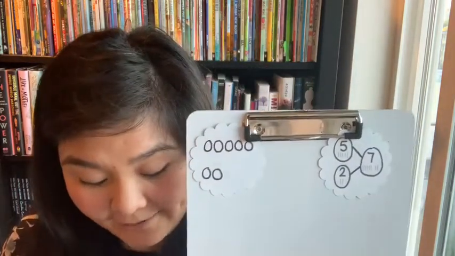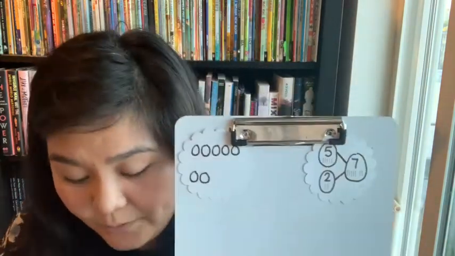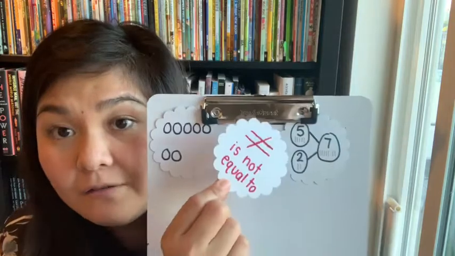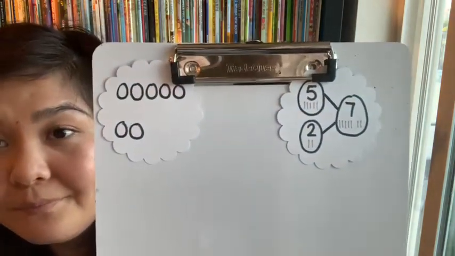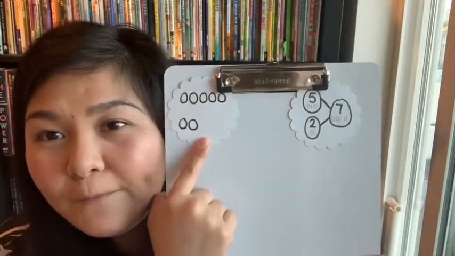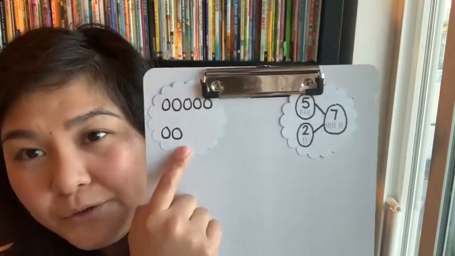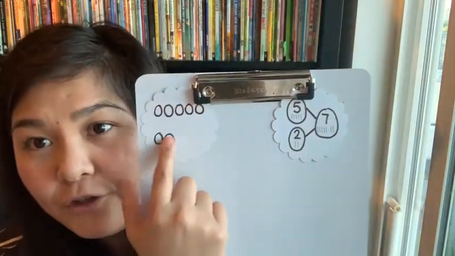You're going to take those 2 flashcards that you've just played with and put them in a finished pile. Then you're going to take 2 new flashcards from your pile and do the same thing. Decide, is it true and it's equal to, or is it false and it's not equal to? Great. So our first flashcard has pictures or symbols where I see a group of 5 and a group of 2.